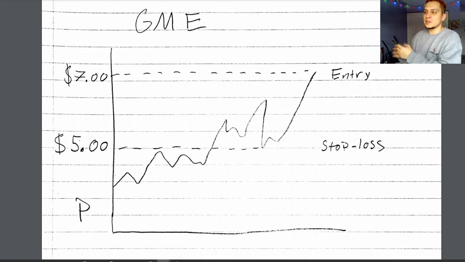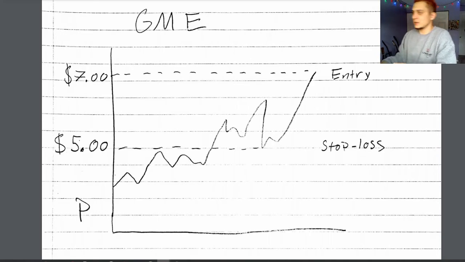Remember, you're not risking all of the money that you put in. So if I'm buying, I don't know, 100 shares, then it's 100 times $7. That's $700. I'm not actually risking $700 because it's very unlikely, probably impossible, that it's going to go down to $0. It can happen, but it's unlikely that the stock's going to go down to $0.